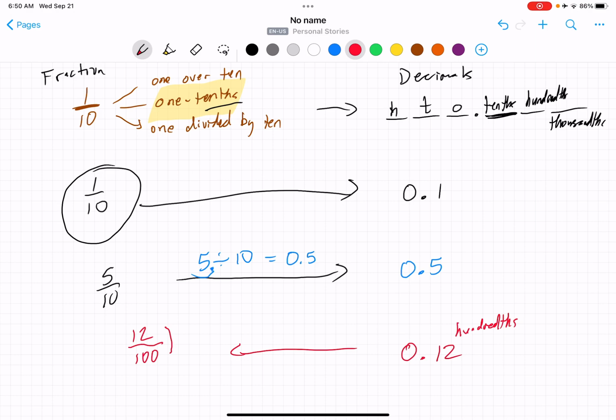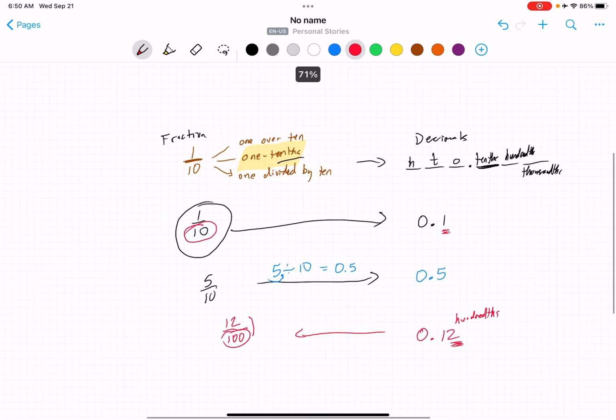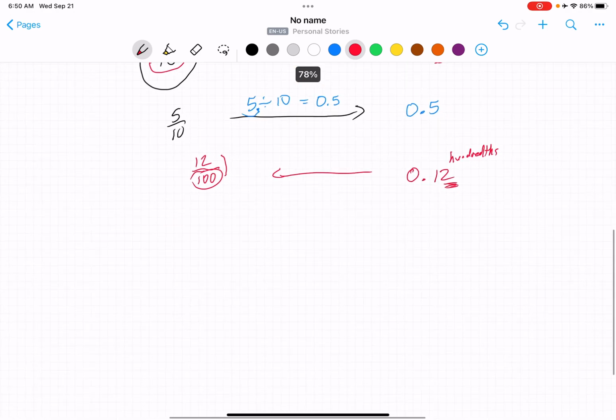So when we're looking at the values, what's important is looking at where the last digit ends. If the last digit ends in the tenths, that most likely means that the denominator, or the bottom part of the fraction, will be a 10. If it ends in the hundredths, the bottom will be 100. Let's take a look at another example.